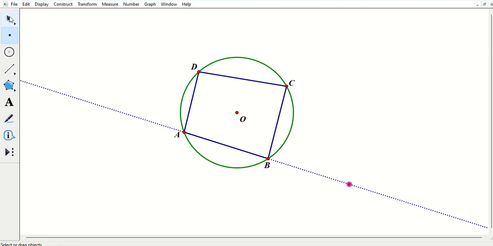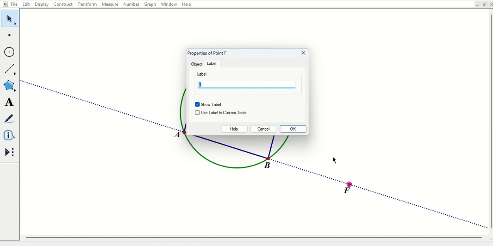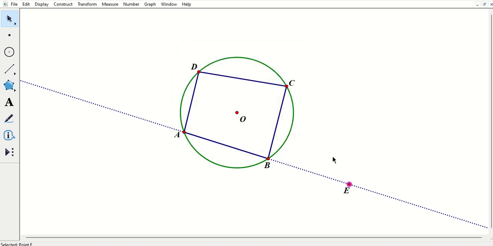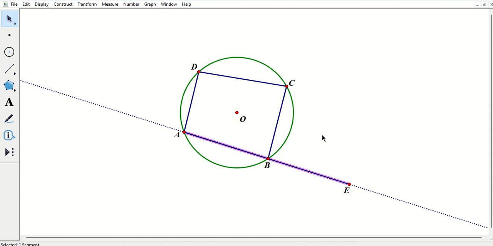And in this line, I'm going to construct a point. Here's a point, and I'll label the point as E. Here's my point E. And what I want to do is produce this line AB to E, that is, construct a segment, and the segment is going to be solid.